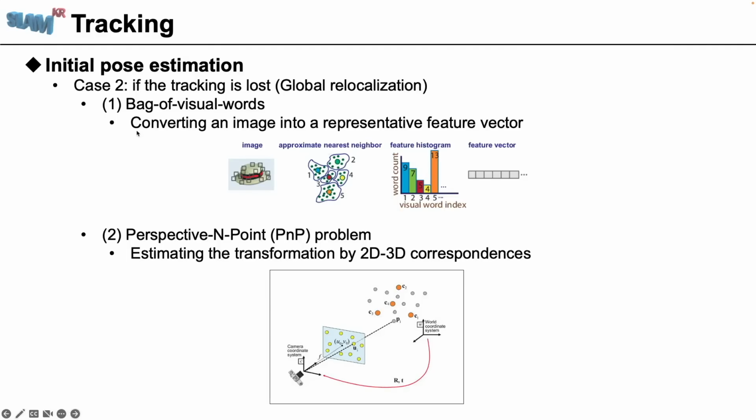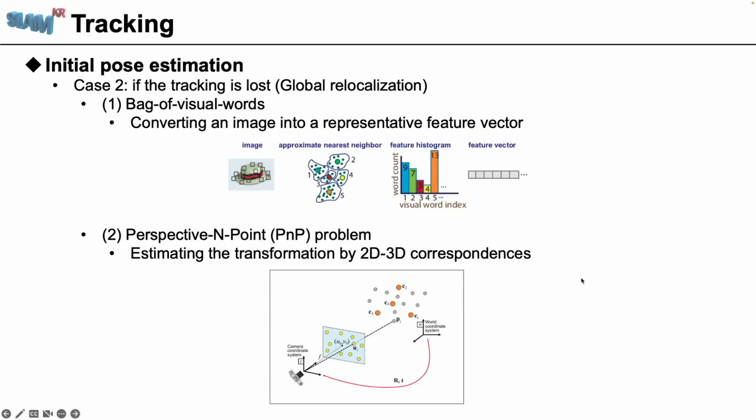First, we convert the image frame into a representative feature vector, and compare this feature vector with the feature vectors in the database that we have generated from the first frame until now.